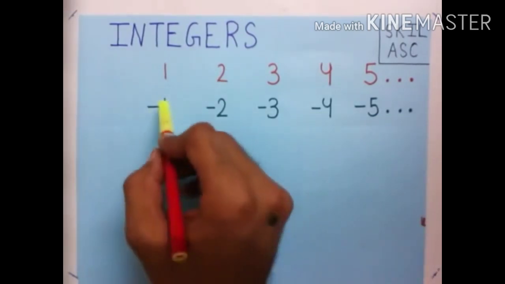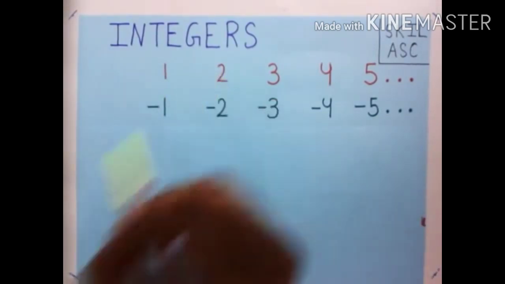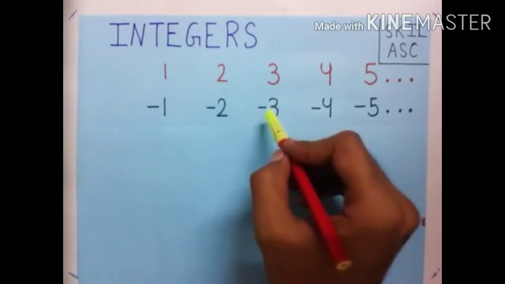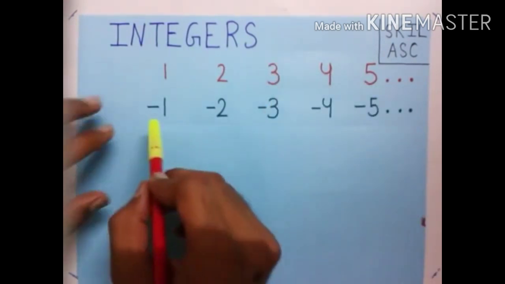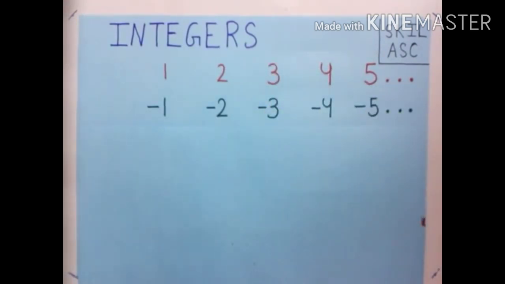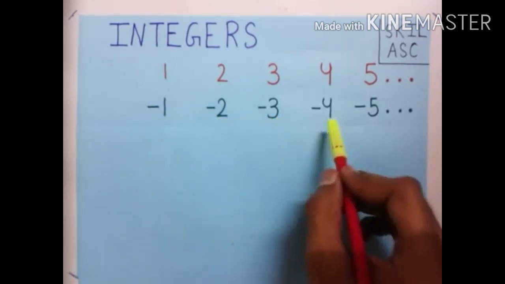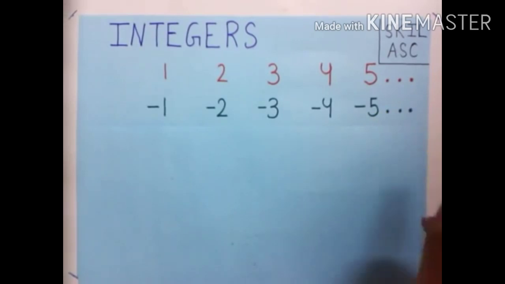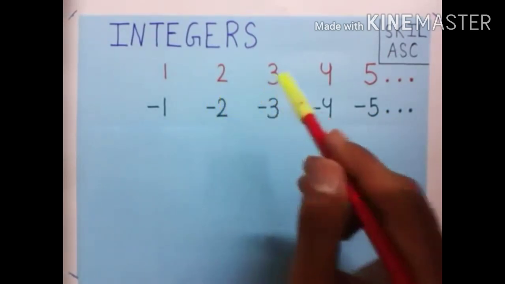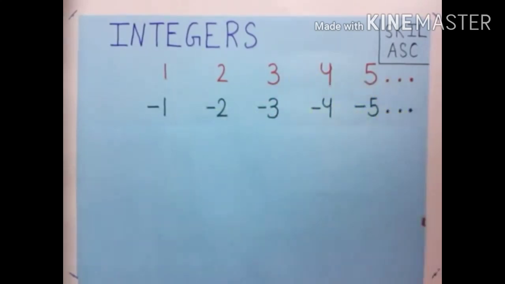I have put negative to 1, negative to 2, and negative sign to 3, and I will get a new list of numbers. This list is -1, -2, -3, -4, -5, -6, -7 and so on. This is a new list of numbers.